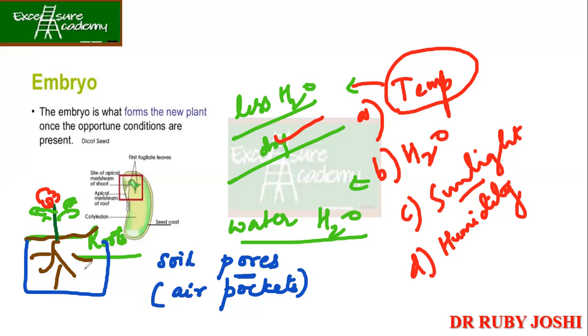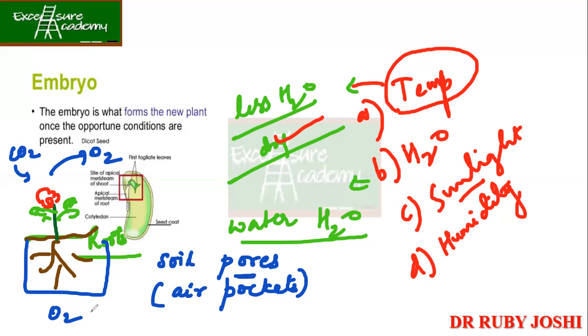Now, suppose you have got an excess amount of water and there will be no air pockets. So, what will happen? Ma'am, the plant will not grow. The plant needs air and the roots too need air. Even though we know that plants give out oxygen and take CO2, at night even plants take oxygen and give out carbon dioxide.